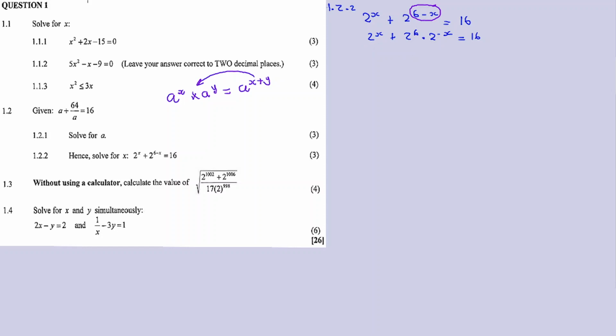So instead, this exponent, because it is negative, we have to make it a positive exponent. So how do we make it a positive exponent? By making it a denominator. So 2 raised to exponent 6 is 64, and then 2 raised to exponent minus x, I put it as a denominator to create a fraction here, right?